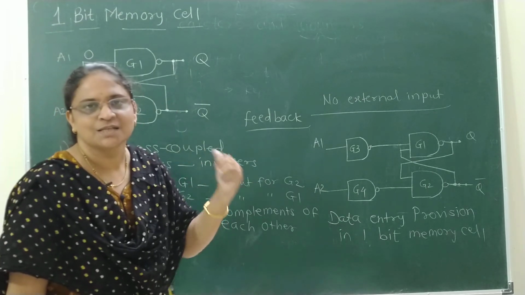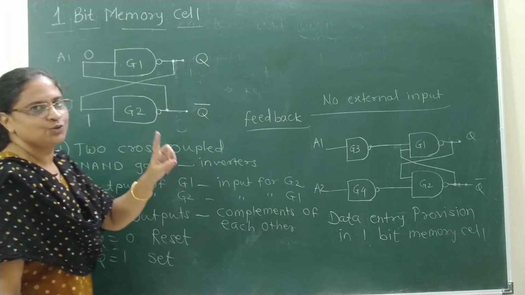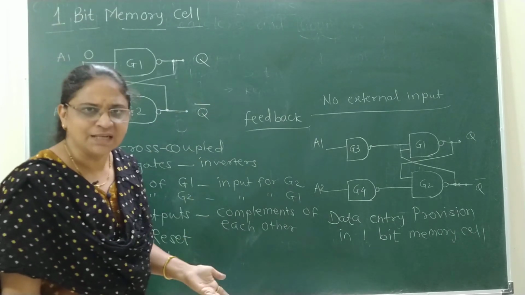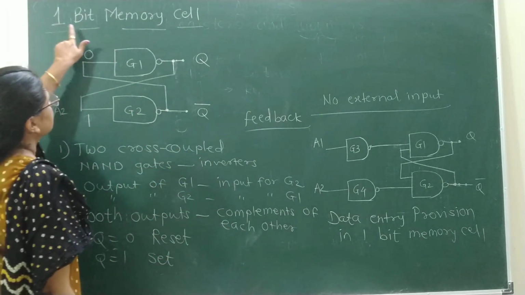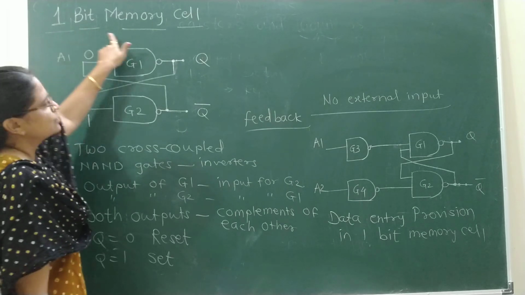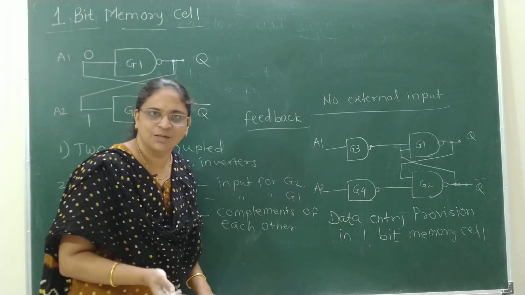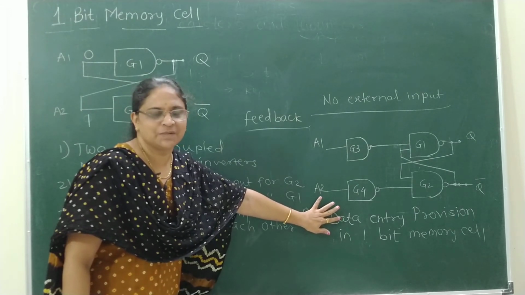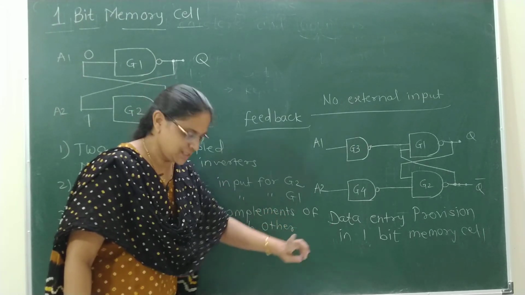Whenever Q is 1, it is called set. This means the circuit can store either Q equal to 1, the set condition, or Q equal to 0, the reset condition. It means this circuit is storing a binary digit, so it is known as a 1-bit memory cell. But the drawback is that no external input can be given. So this is the modified format of the 1-bit memory cell, with data entry provision.